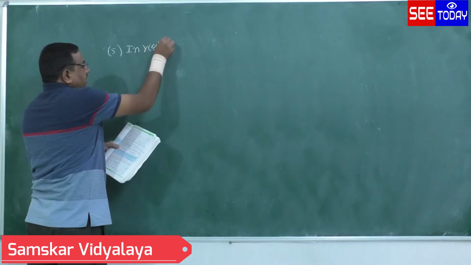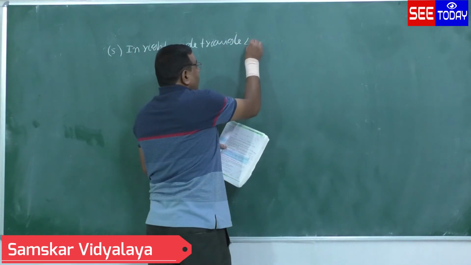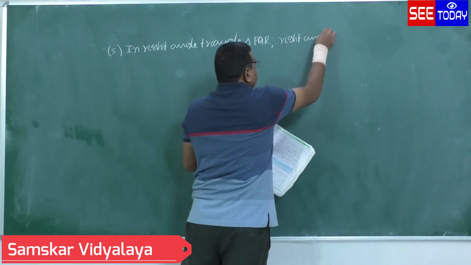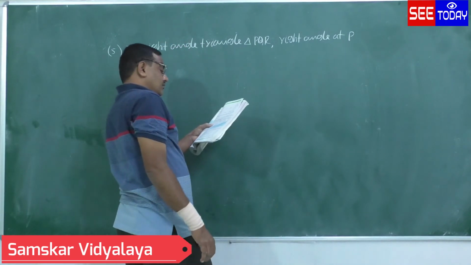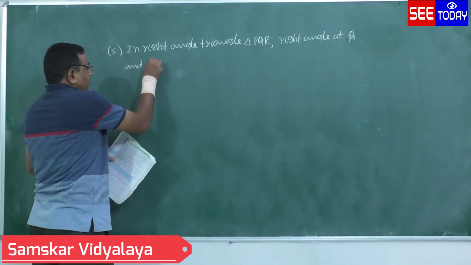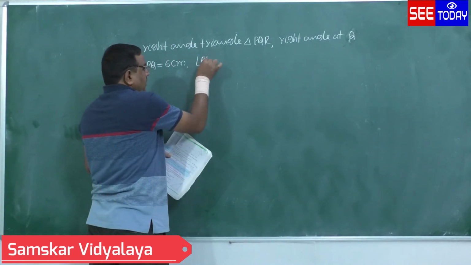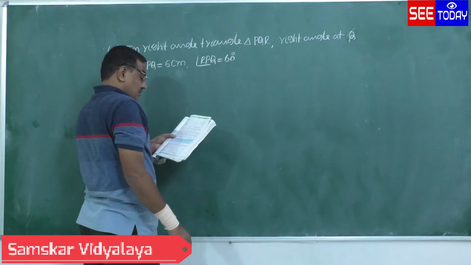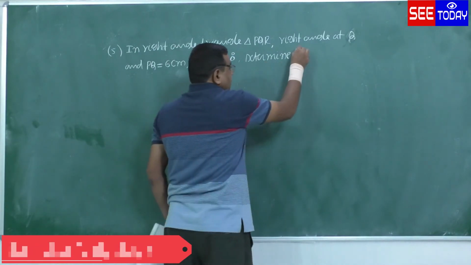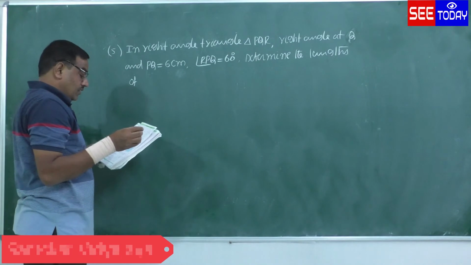In right angle triangle PQR, right angle at Q, not P. Right angle at Q, and PQ is equal to 6 centimeters, angle RPQ is equal to 60 degrees. Determine the lengths of QR and PR.